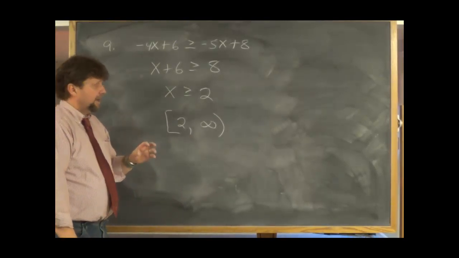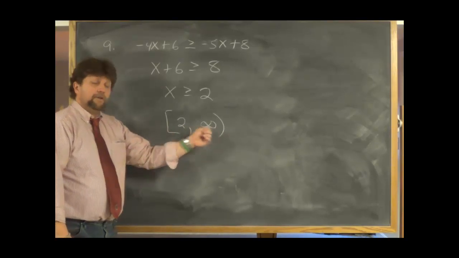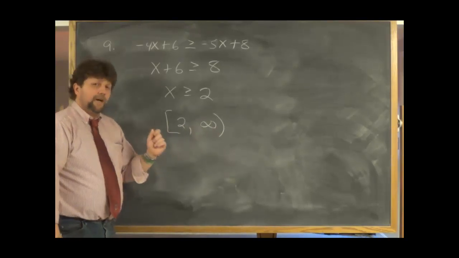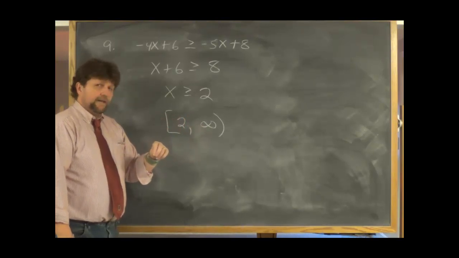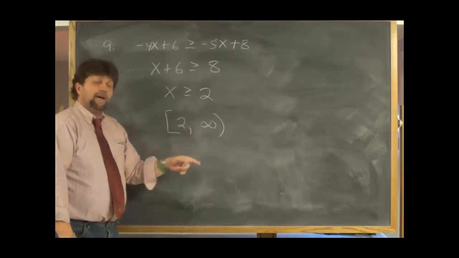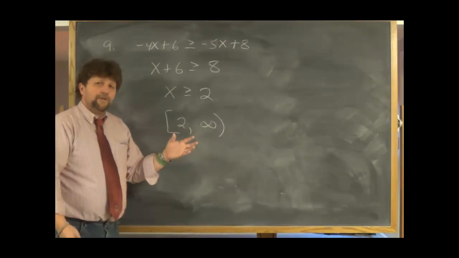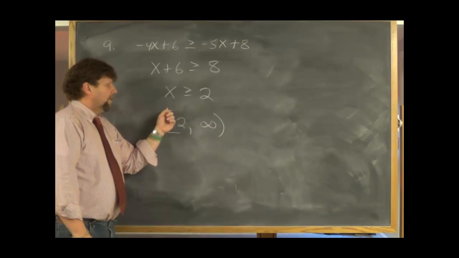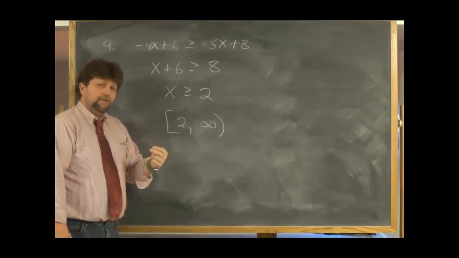Quick review here on when to use a square bracket versus when to use a parenthesis. First off, if you ever have infinity or negative infinity involved in your answer, that would always have a parenthesis around it. There is no largest number. Square bracket is used to mean the endpoint is included.